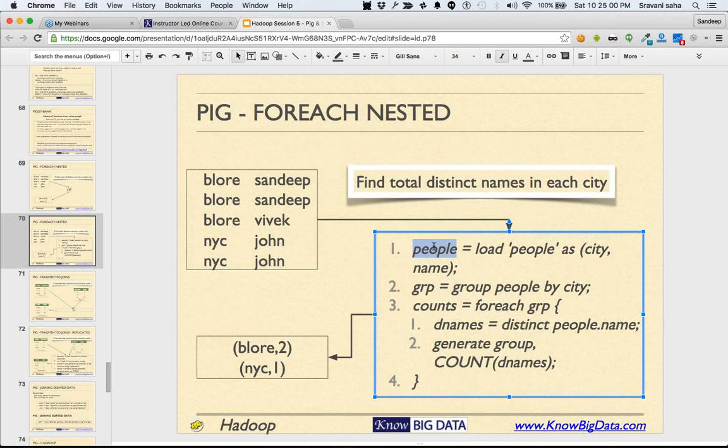One is called group, and the second column has the same name as the data set which was grouped. And when you say counts equals foreach group, you get those two data sets available here, people and group. Now you can apply all kinds of operations here. You will be surprised to know that inside a foreach, we can put another foreach and then say generate inside it, and that's why it is called foreach nested.